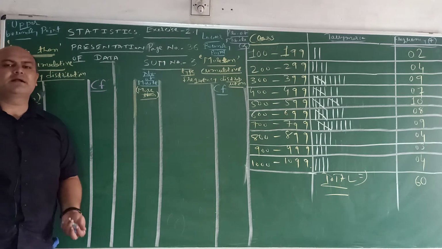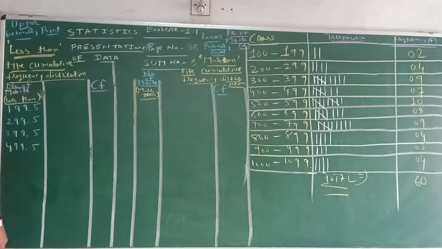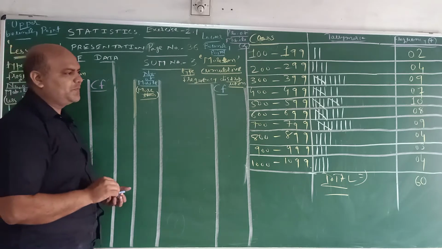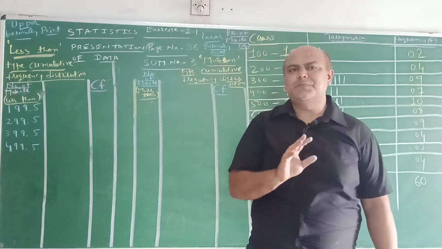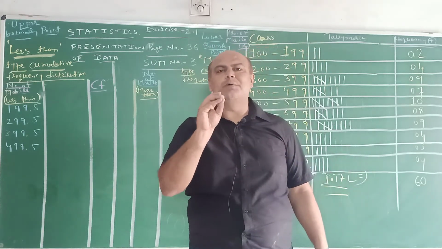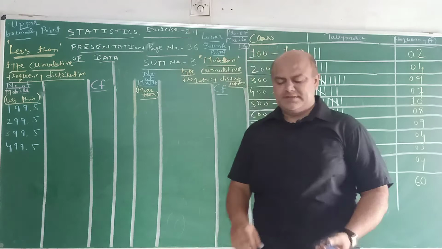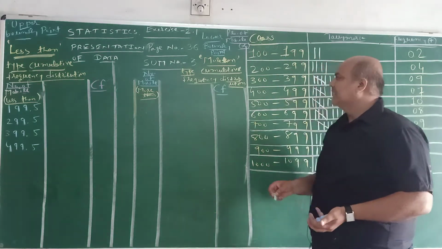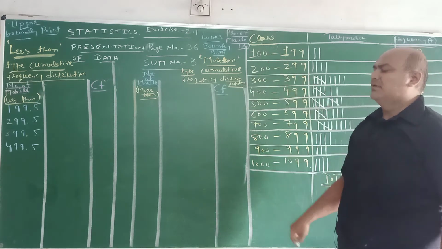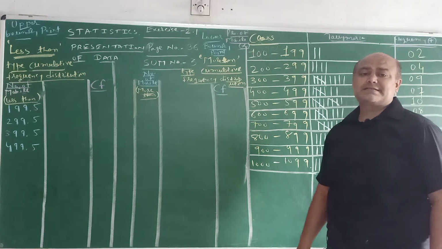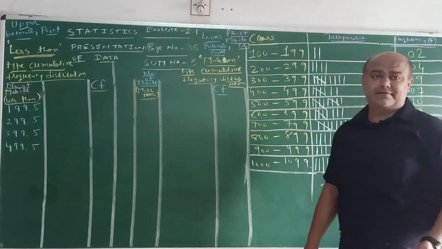Now, sir, how can we find the lower boundary point and upper boundary point? That is the question. First, I explain how to find the upper boundary point, then how to find the lower boundary point. See, students, here the class interval or class length is 100.